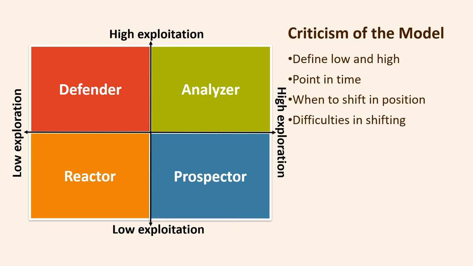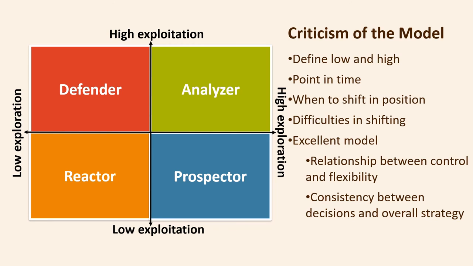The model gives no clue to how difficult it is to change position. The model is excellent in providing an understanding of the relationship between control and flexibility in an organization and making decisions that are consistent with the overall strategy.